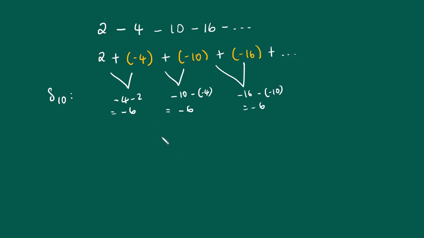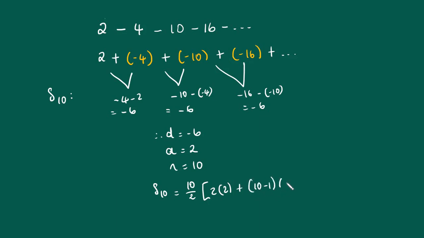So the difference is negative 6, and your first term is 2. Remember, this is the sum of 10 terms, not the 10th position. So the sum of 10 would be 10 over 2 times 2 into a, which is 2, and then 10 minus 1 times your difference of negative 6. Then from there you will get your answer.